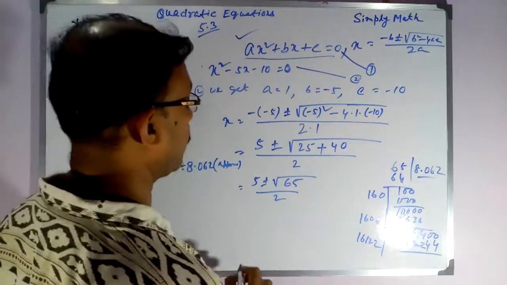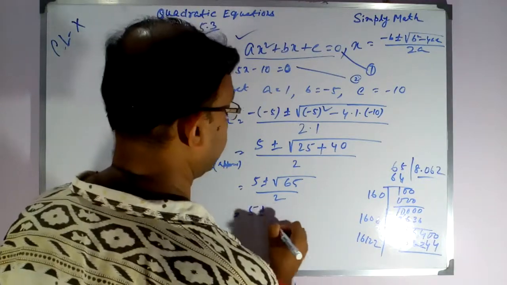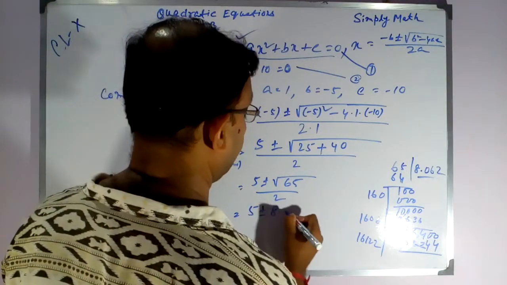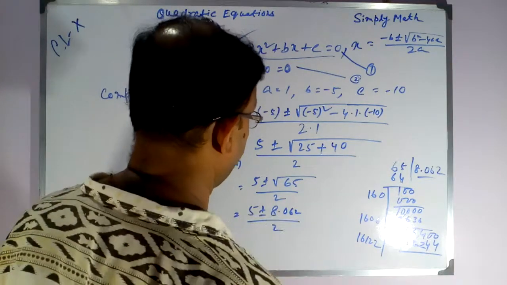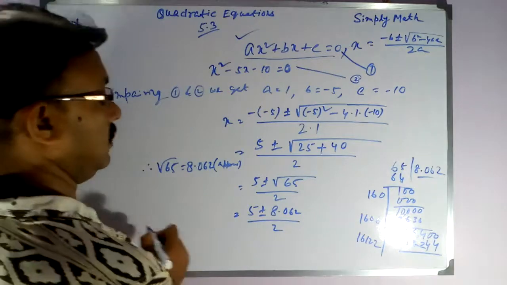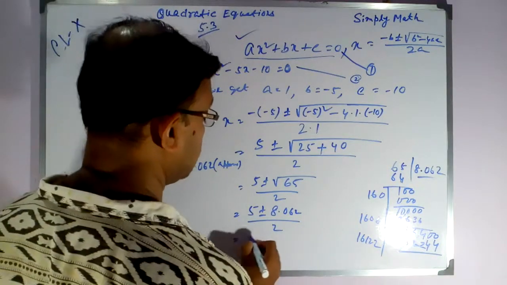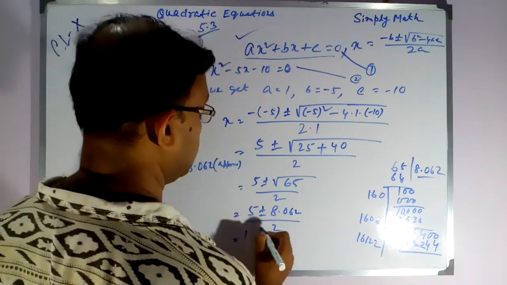5 plus minus 8.062 divided by 2. That means one is 13 point.